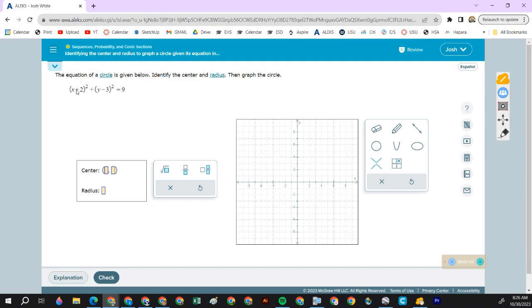Well, where is the center? Negative 2, positive 3. So right here we would write negative 2, positive 3. And what is the radius? 3. So negative 2, positive 3, right there. And then we use the circle tool. And the radius is 1, 2, 3.